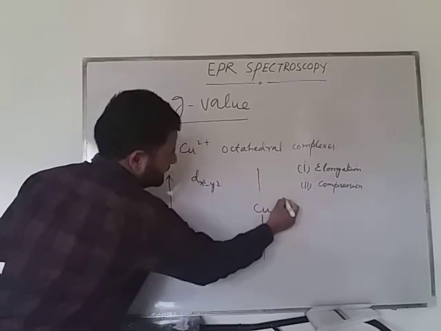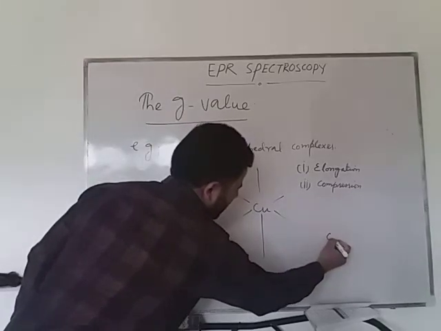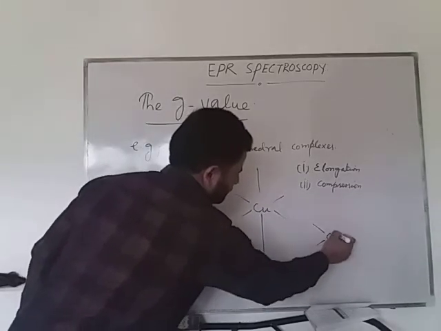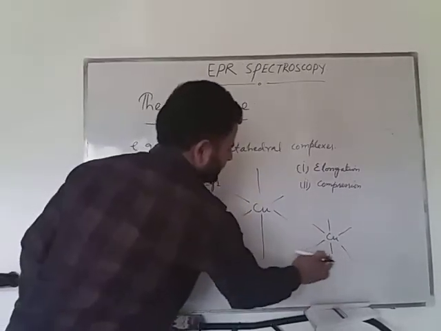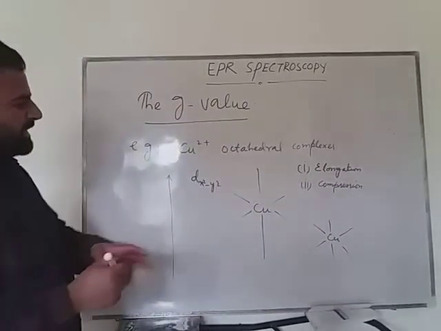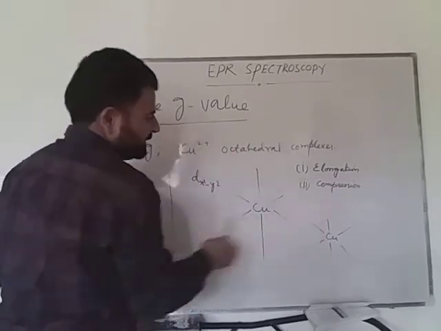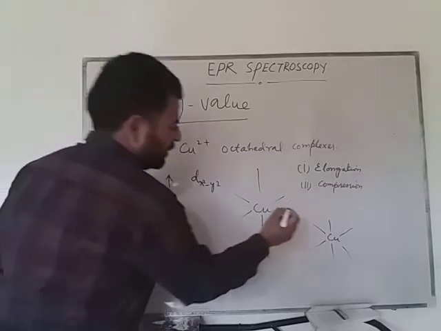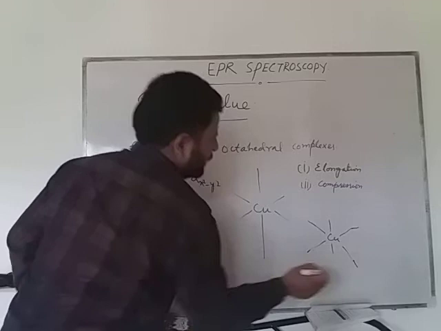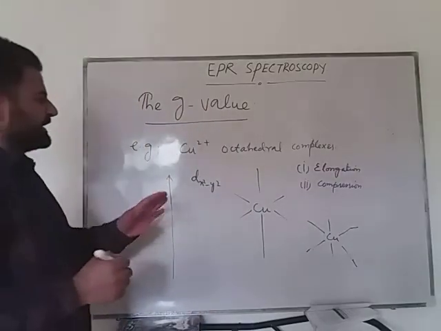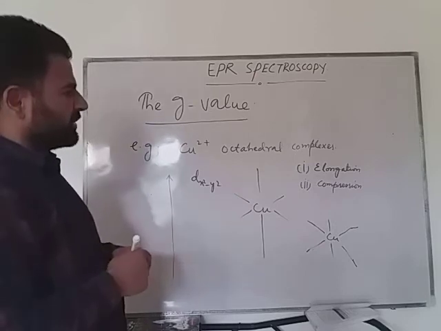For example, in one case it will be like this, and for the other case it will be like so. In one case there will be elongation of the ligand along the z coordinate, and in the other there will be compression of the ligand along the z axis. Okay, two cases will arise in these copper octahedral complexes when the Jahn-Teller distortion occurs in them.